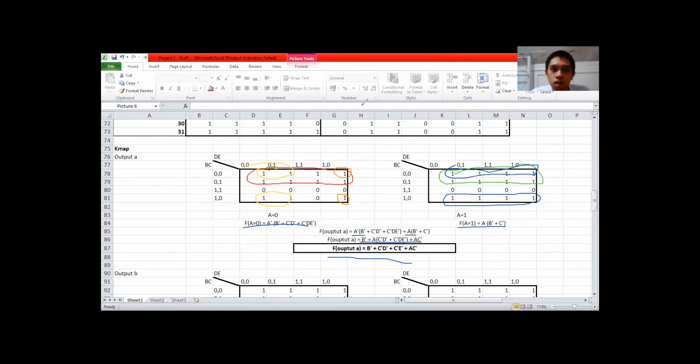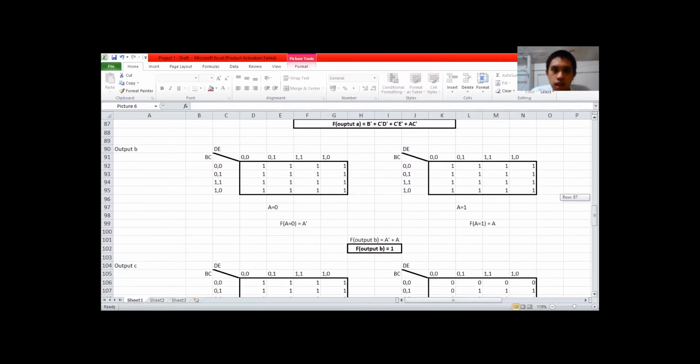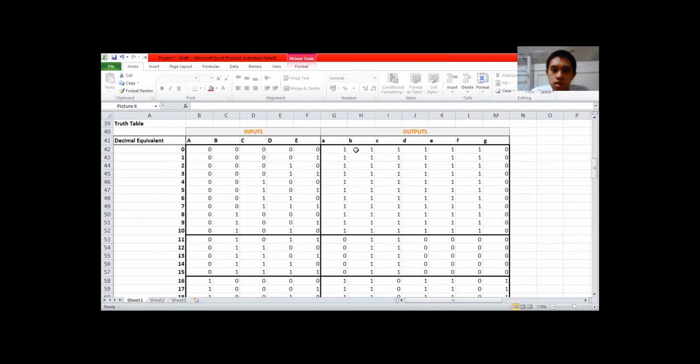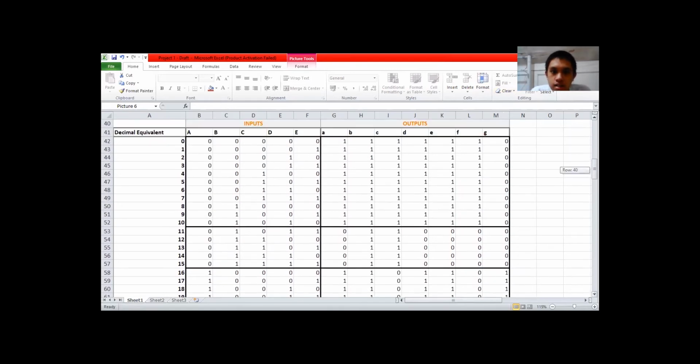So moving on to output B. So let me clear first. For output B, here is the K-map that I made for output B. So let us check again the truth table for output B. This column is for the output B. So based on the truth table, all cells under column B have a value of 1.